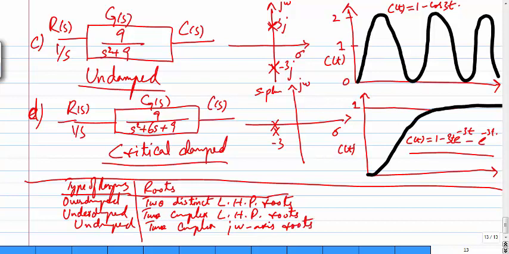So that is undamped, and the last one is critical damp. For critical damp, 2 repeating left half plane roots.